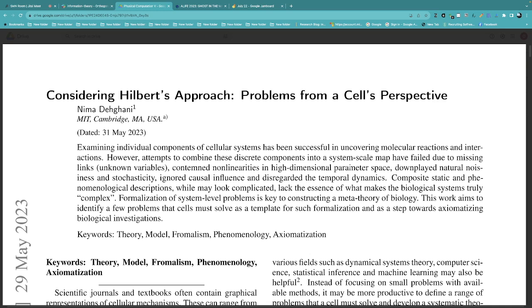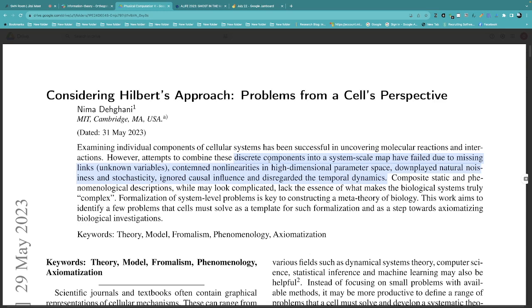Condemned nonlinearities in high-dimensional parameter space, downplayed natural noisiness and stochasticity, ignored causal influence, and disregarded the temporal dynamics. So a lot of people who have taken cellular systems and tried to characterize things like molecular reactions and interactions had to abstract that system into a computational framework.